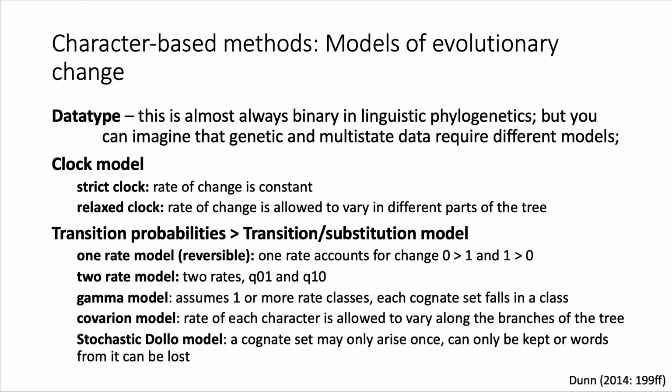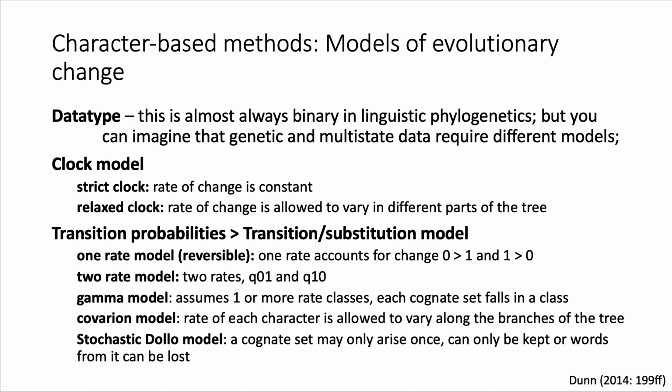In a one-rate model, a single parameter q expresses the probability that a character state 1 will turn into 0 or vice versa. So basically, in a one-rate model, the chance of losing a cognate is the same as gaining one.